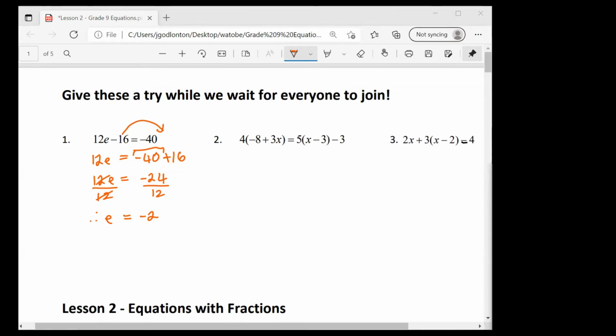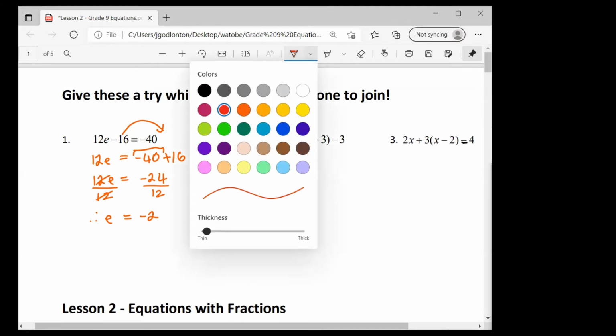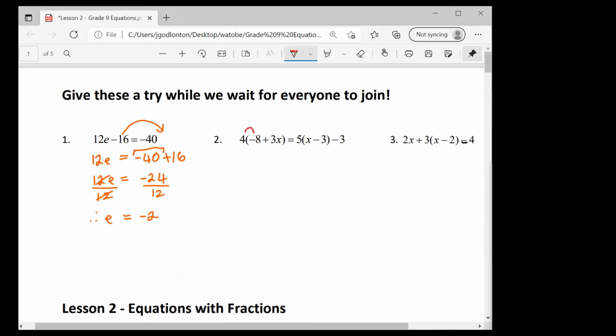Okay. All right. Let's talk about the first part. So let's talk about this left-hand side. What happens when I take that 4 into the brackets? Ma'am, I multiply. So, ma'am, I say 4 times -8, which is -32. Good. And then I say 4 times 3x, which is 12x.